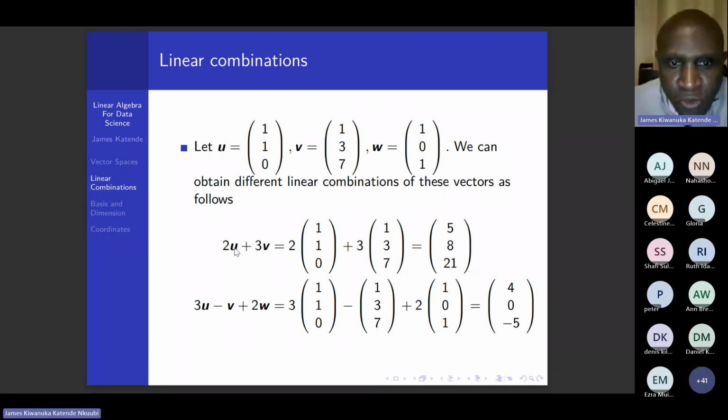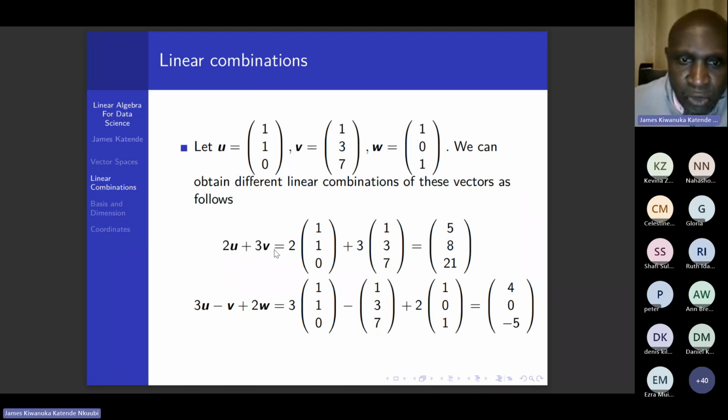So we multiply u by 2 and add it to 3 multiplied by v. And when we work them out, we get the final answer as 5, 8, 21. So we can say that this vector 5, 8, 21 is a linear combination of u and v, because we've been able to find some numbers, 2 and 3, which satisfy this.